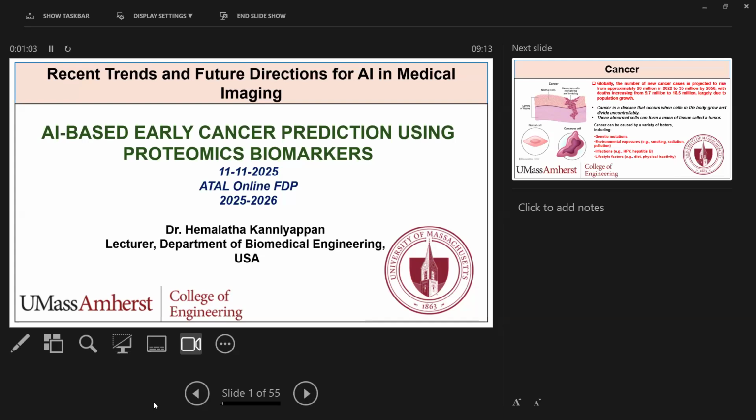Today, the topic of my talk will be AI-based early cancer prediction using proteomic biomarkers.